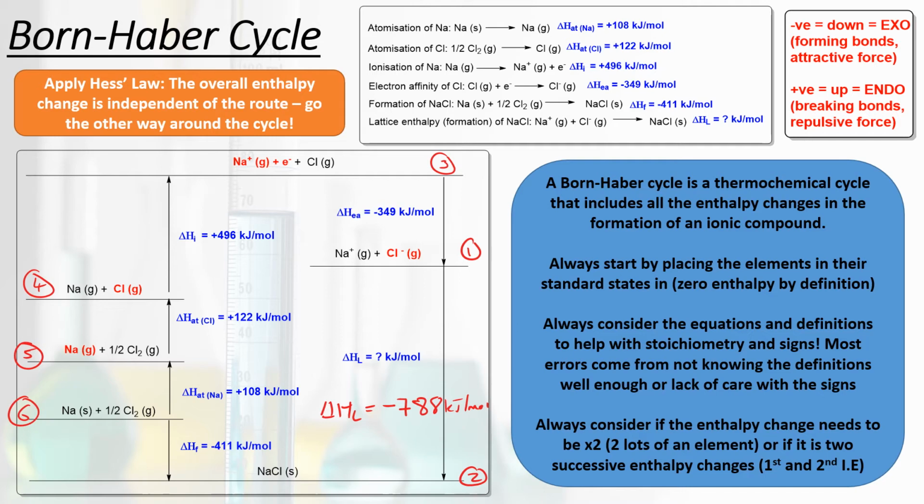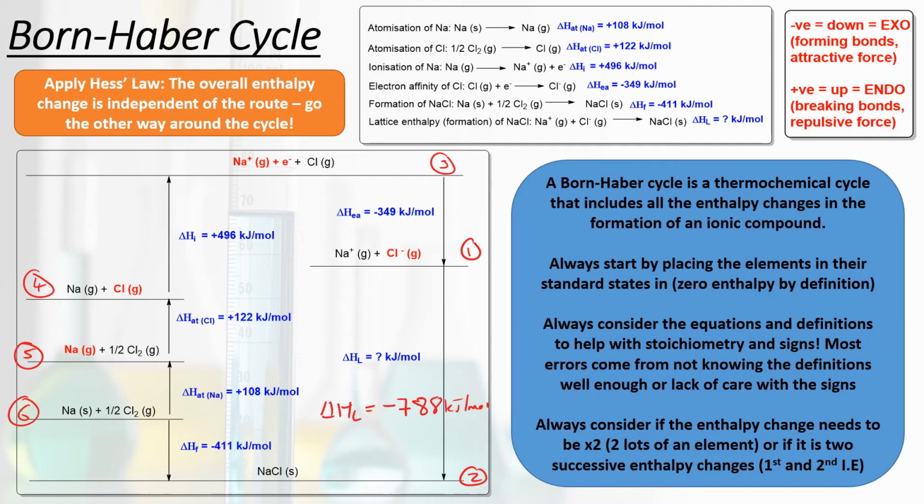Now the key thing to remember here, like we had with the Hess's cycles, and again if you're not comfortable with those, go back to the energetics videos, was that if we had to change the direction of one of our arrows, if the direction we wanted to go was in the opposing way with our arrows, we flipped the sign of our arrow, and when we flip the direction of the arrow, we have to flip the sign of the number. So for example, this first arrow at the top going from number 1 to number 3, I want to go upwards, but my arrow is going downwards.